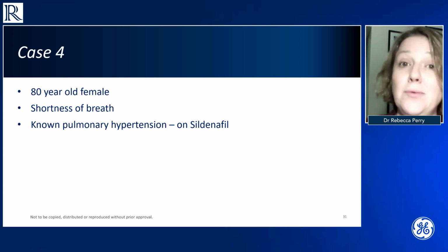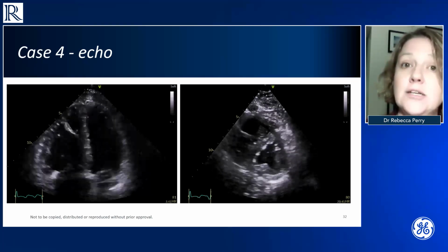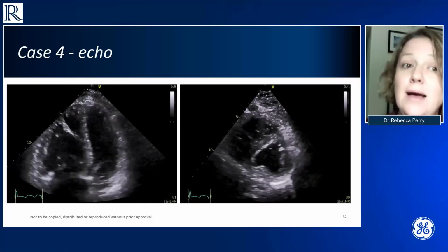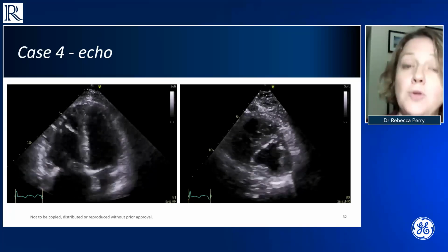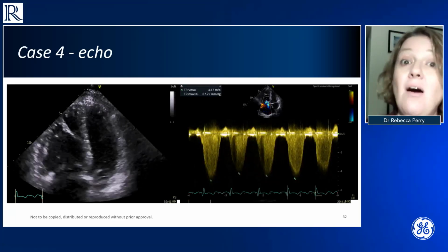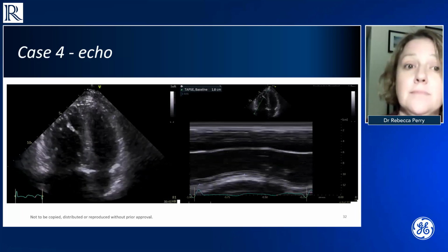The last case that I want to show you is an 80-year-old patient with shortness of breath and non-pulmonary arterial hypertension. So she's treated. And I just want you to compare this to the case that I showed you before. So there's similar dilatation of the right heart, similar abnormal septal motion, similarly high right ventricular systolic pressures.